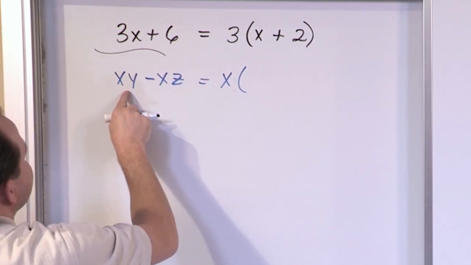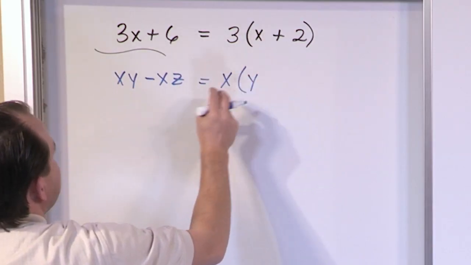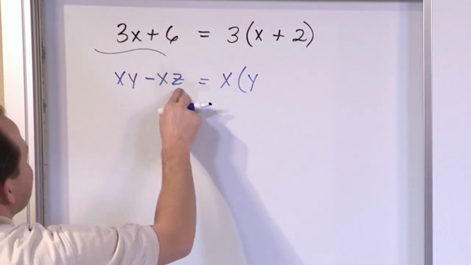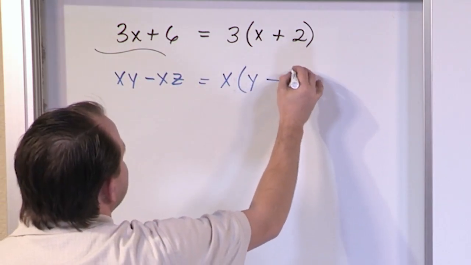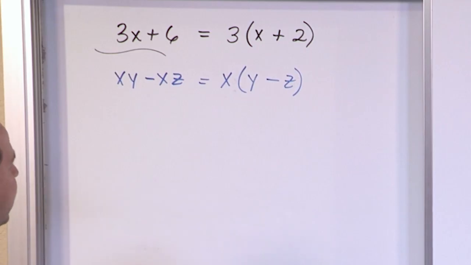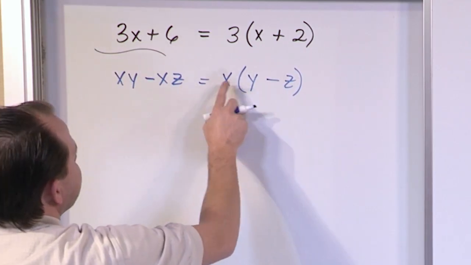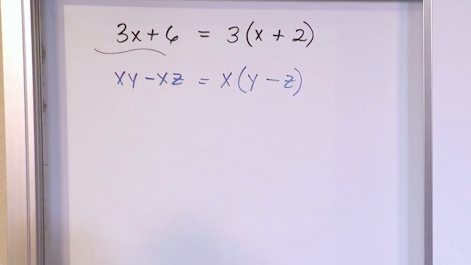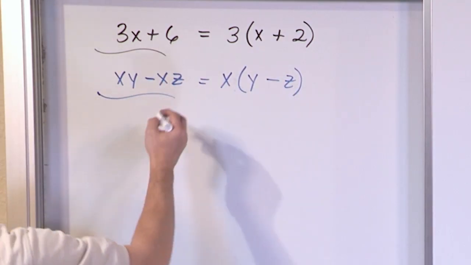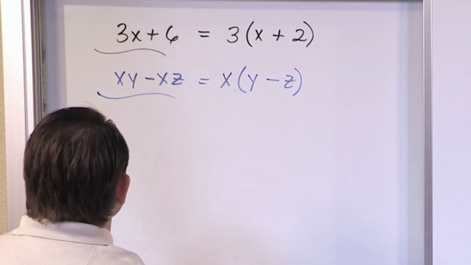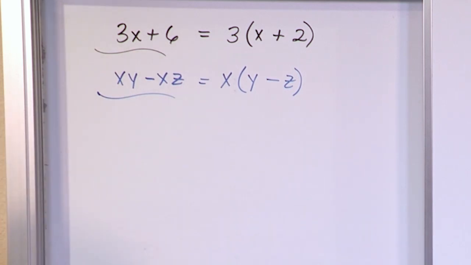So once I pull it out of the first guy, the only thing left over is y. And once I pull it out of the second guy, the only thing left over is negative z. So this is my factorization, and if you want to check it, you just distribute this, x times y minus x times z, and that's exactly what we started with. So it takes a little bit of practice at first, but quickly you will get the hang of it.